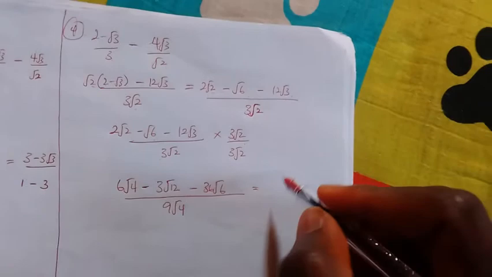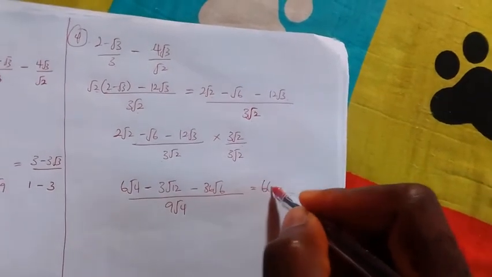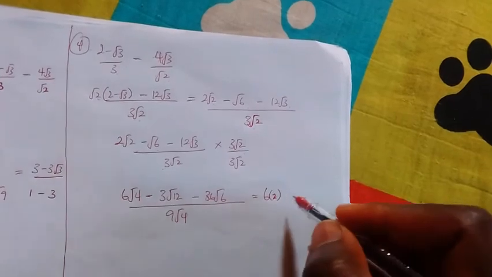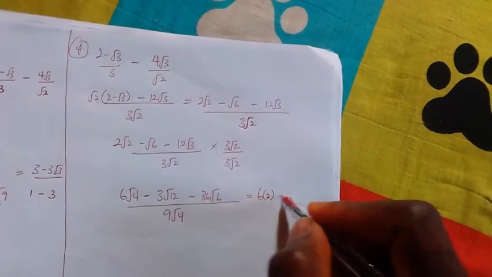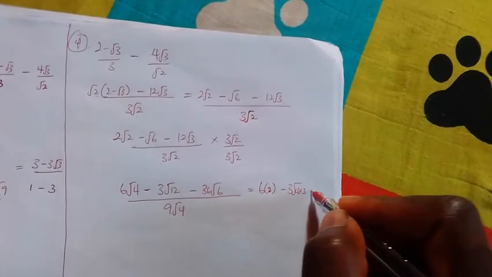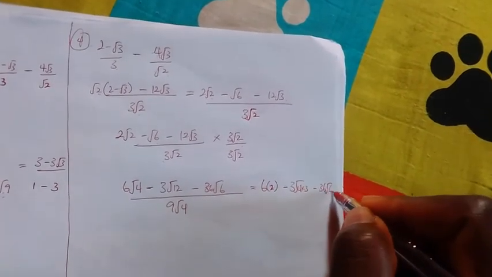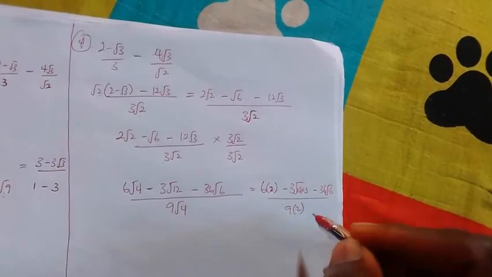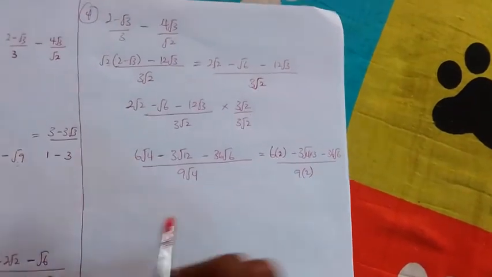While applying our surds idea, we have it as what? 6 times 2, because root 4 there is what? 2. Minus 3 root 4 times 3, abi? Minus 36 root 6 over 9 times 2, because root 4 there is what? 2.